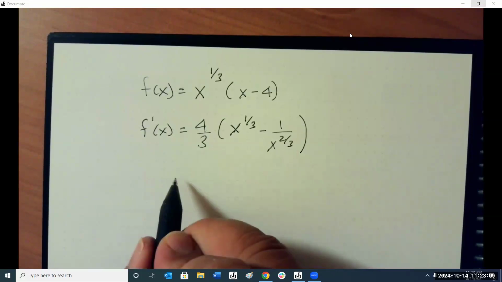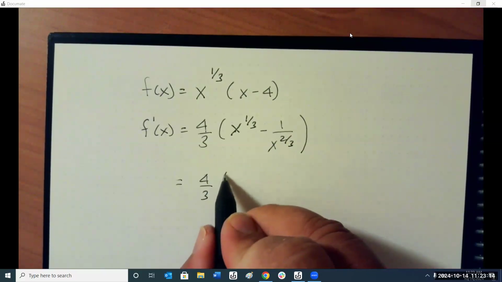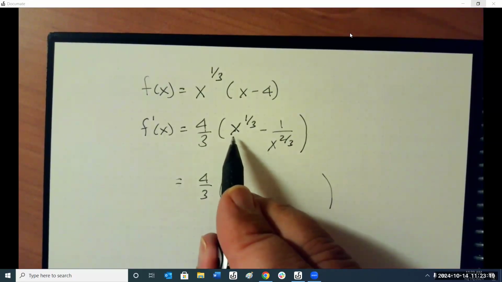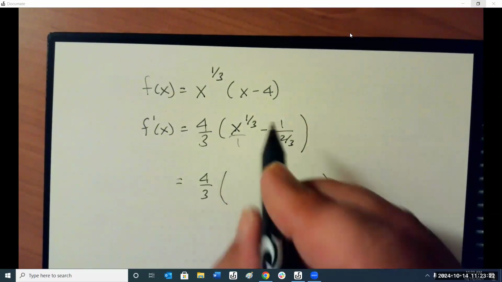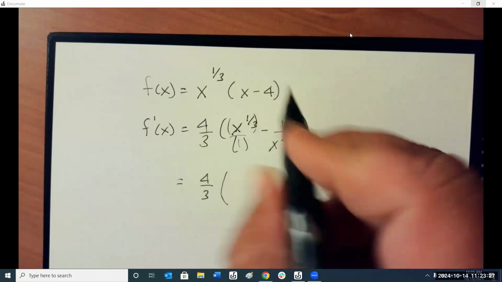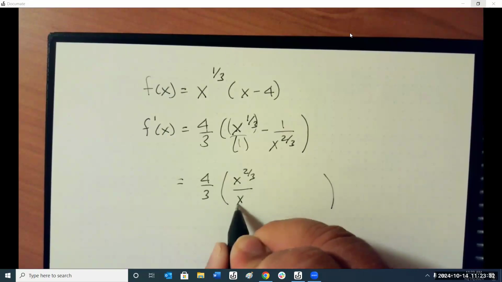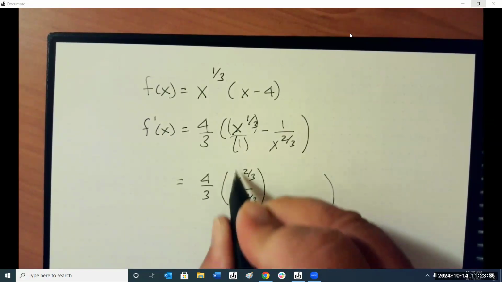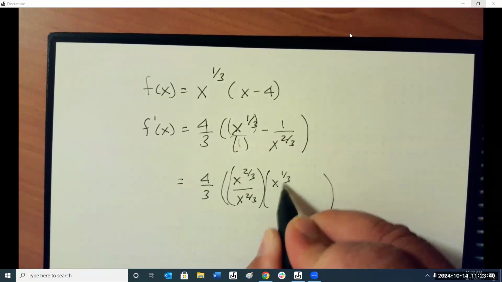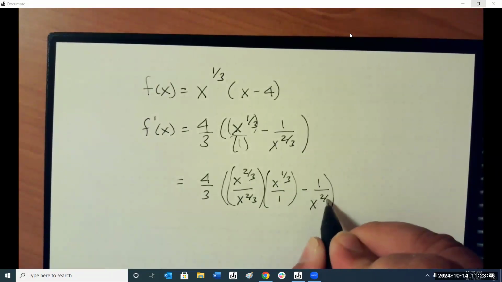Let's combine these two. So this one's over 1, so it needs x to the power 2/3 over x to the power 2/3, minus 1/x to the 2/3.